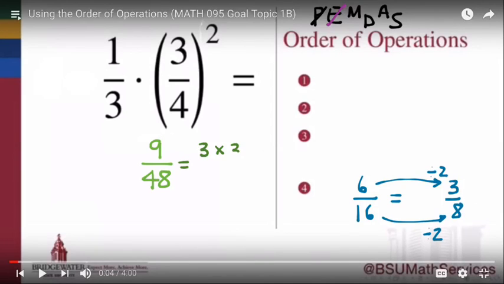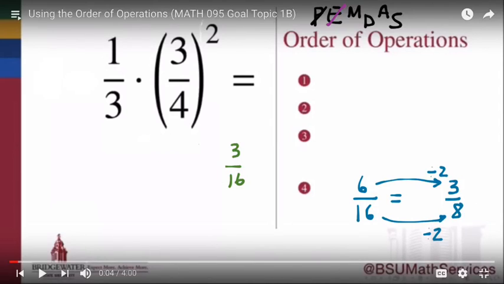But sure enough, both 9 and 48 are divisible by 3, which means when I undo this multiplication, I get a 3 over 3, which turns into a 1, which turns invisible. And I can rewrite 9 over 48 as 3 over 16 instead.